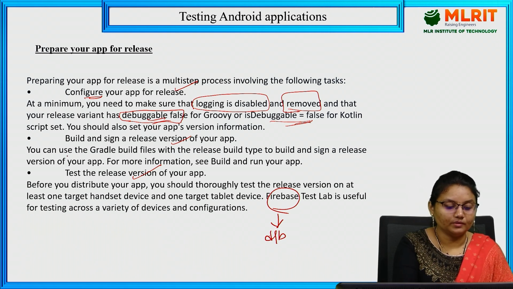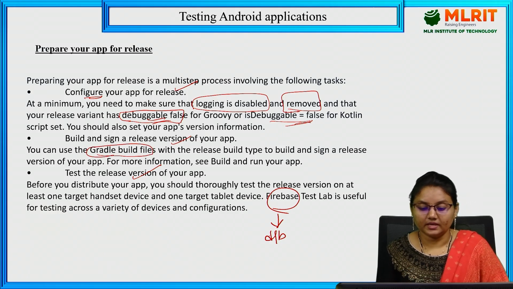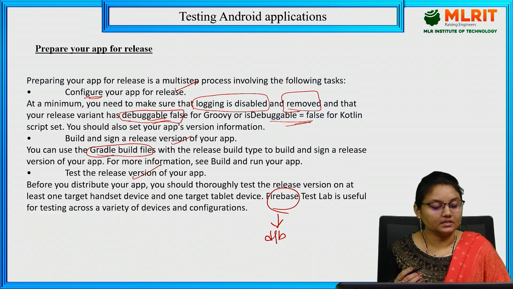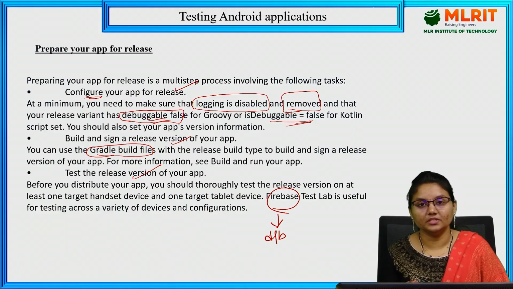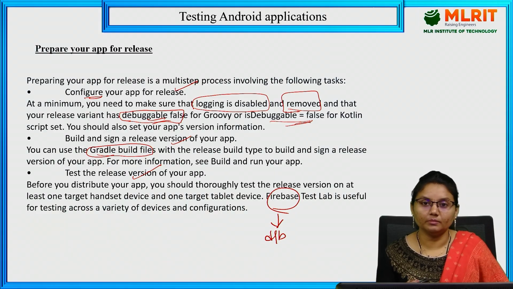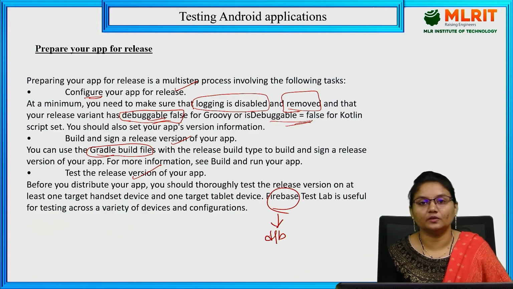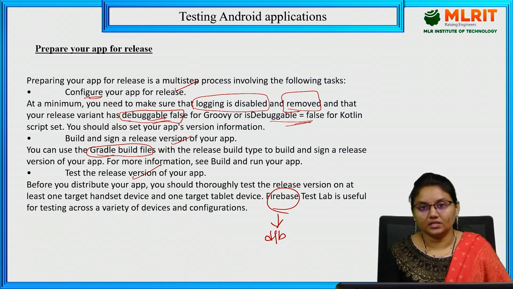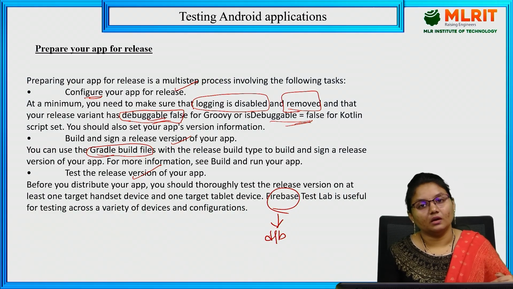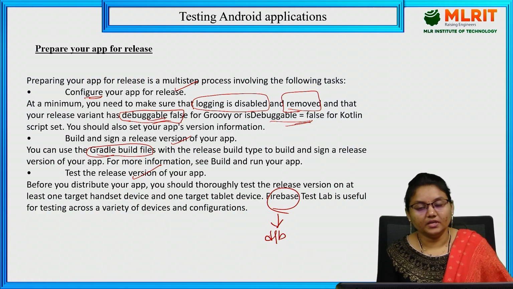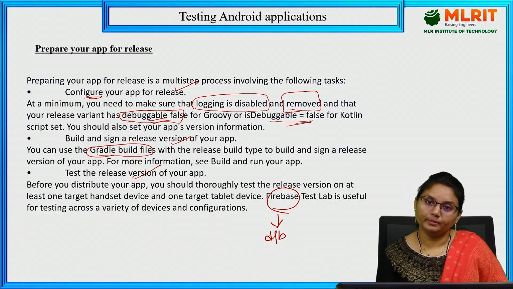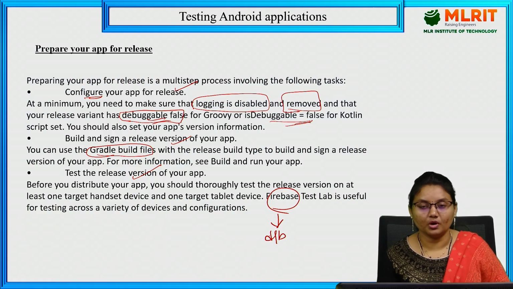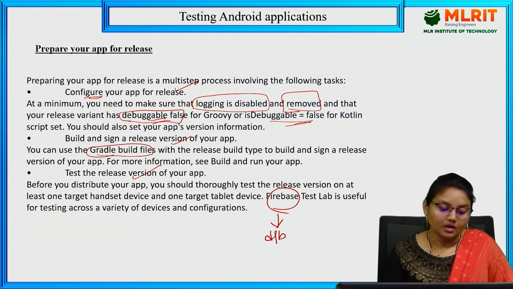Then you can use the Gradle build files with the release build type to build and assign a release version of your app. Gradle build means what? In your anatomy, we have seen the manifest file, your Java files under your application, resources, then XML, then Gradle build. In that Gradle build, if you click on it for the application module, you will have two different files.